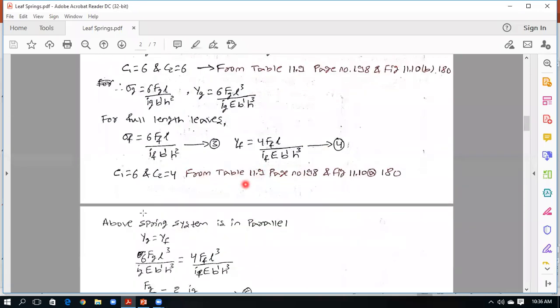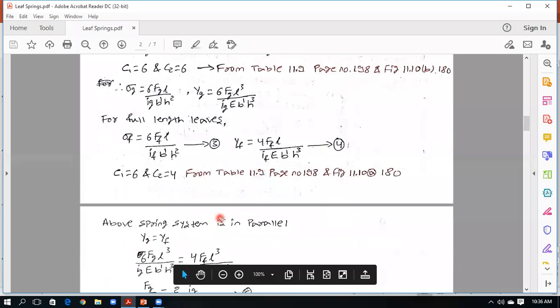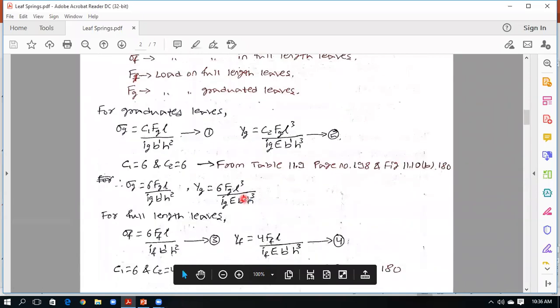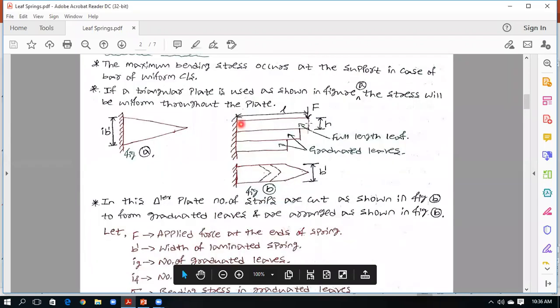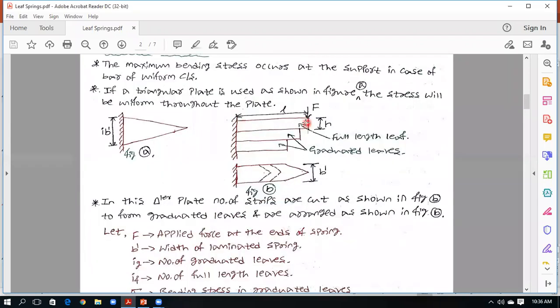Now you can see that the above spring system is in parallel. If this member deflects by some vertical distance, the graduated leaves attached to it will also deflect.